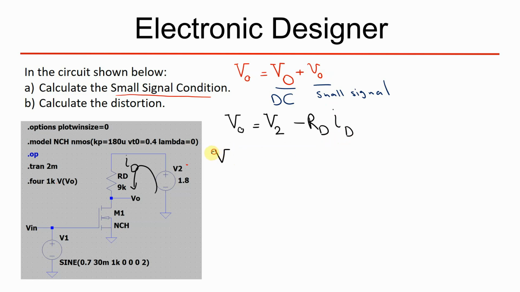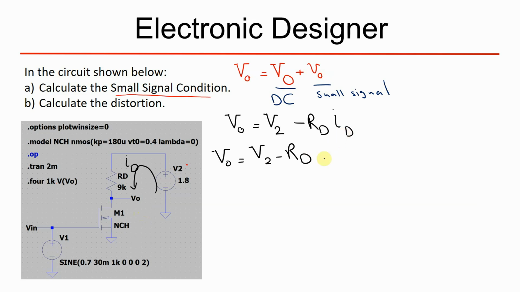So here we go. VO equals V2 minus RD times, instead of ID I'm going to use a saturation current through this circuit, because we set the VO DC to 0.9 volt, so the condition of saturation has been met. VDS is greater than VGS minus V threshold. That's the case.